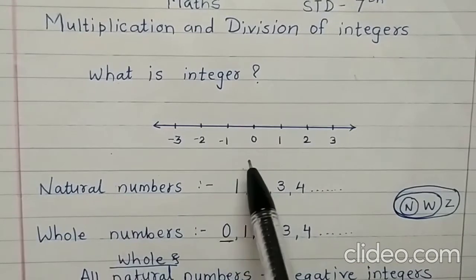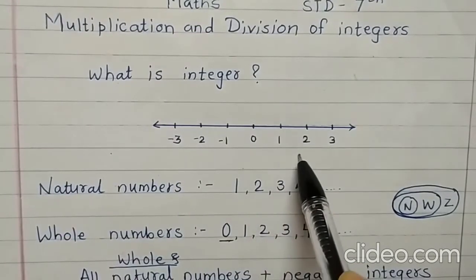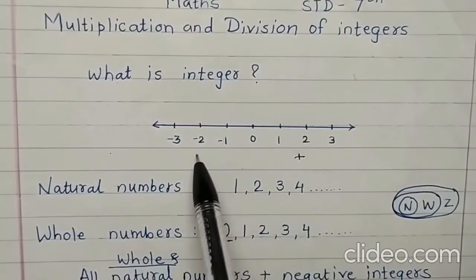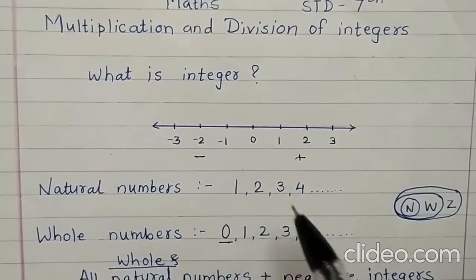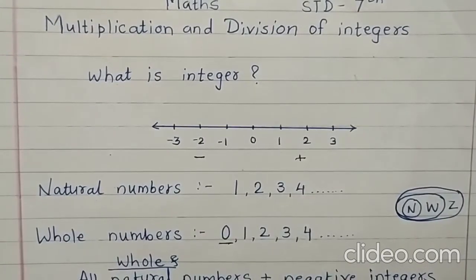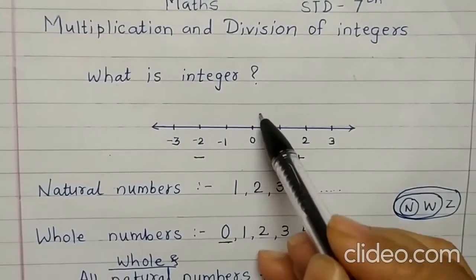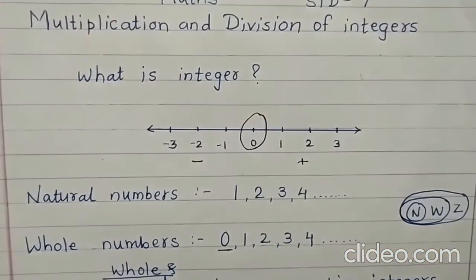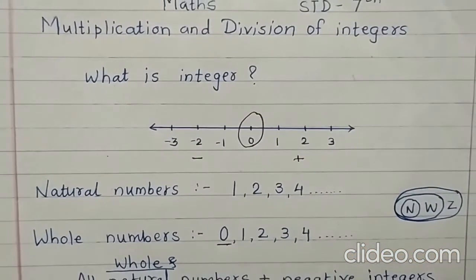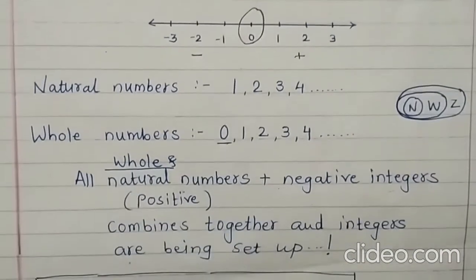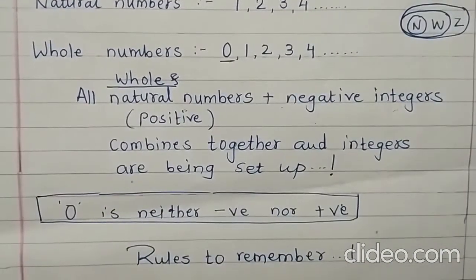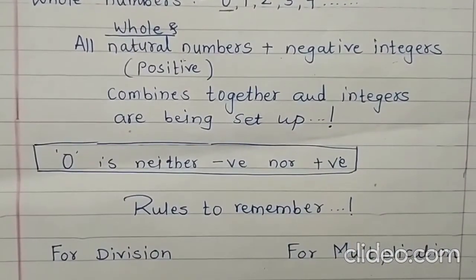The combination of positive and negative numbers forms integers. Then what about 0? Does it have any sign? No, 0 is neither positive nor negative. Okay?